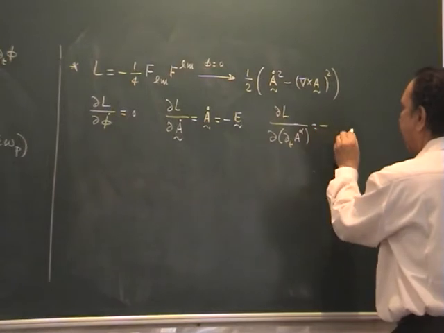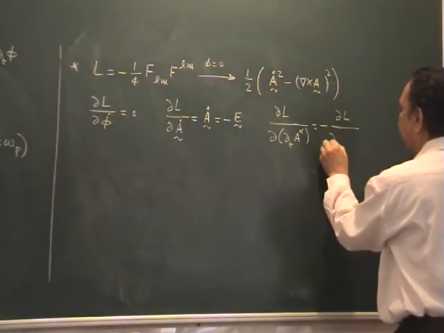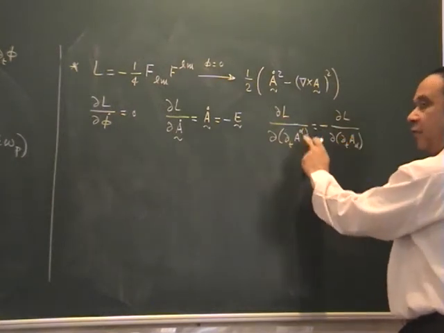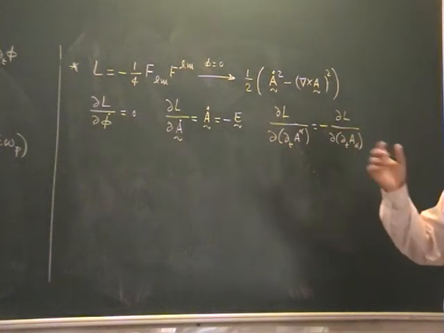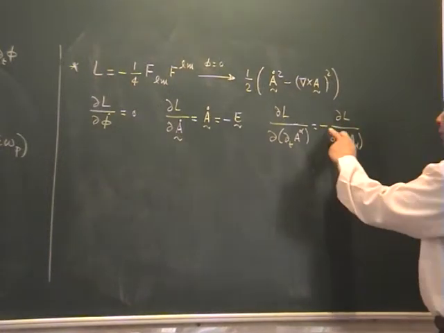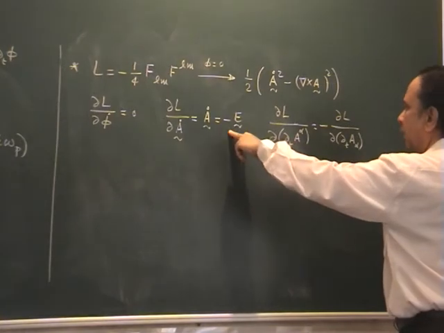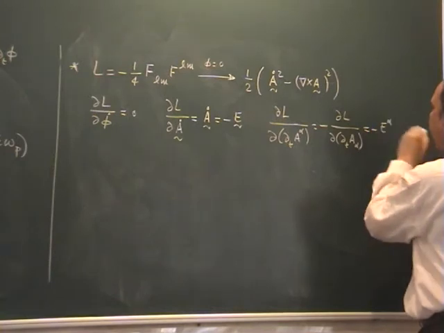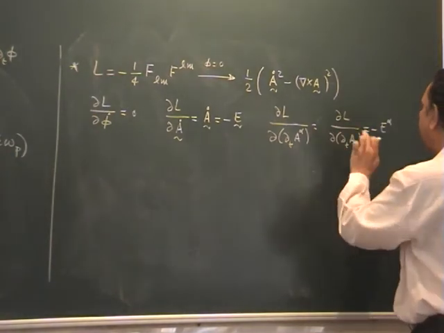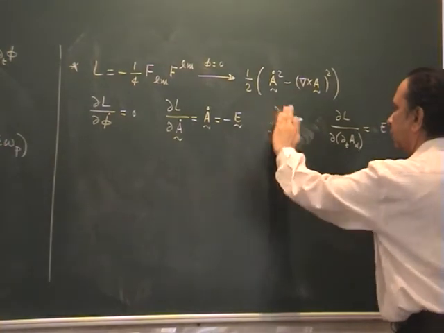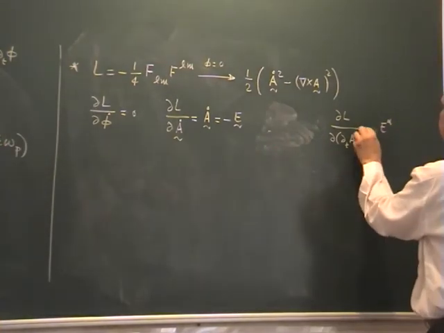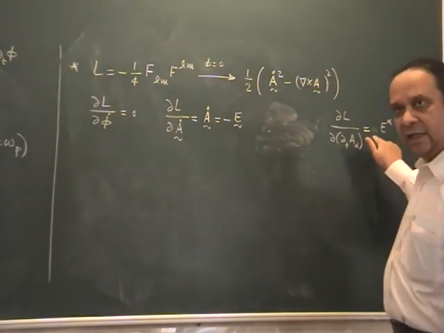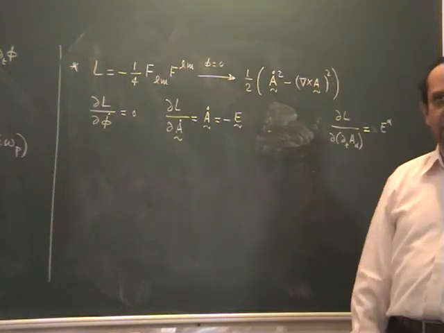This is equal to minus dL with respect to d/dt of A subscript alpha, because alpha up and alpha down, alphas being 1, 2, 3, are flipped by a sign. And this quantity is what we have got as minus E, so this is going to be minus E_alpha. So you get the result that this quantity is equal to E_alpha. This is our standard notation for E. The flip of sign is taken.